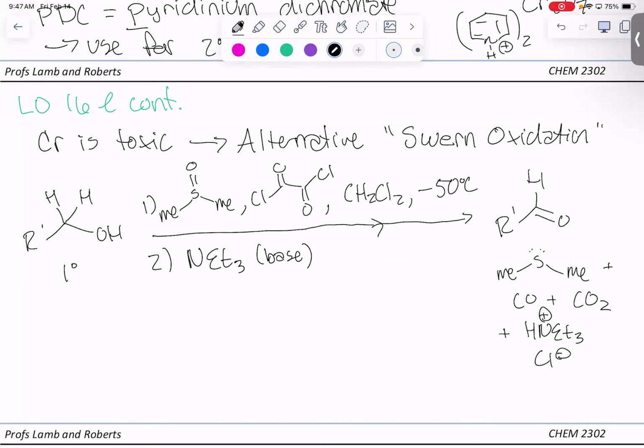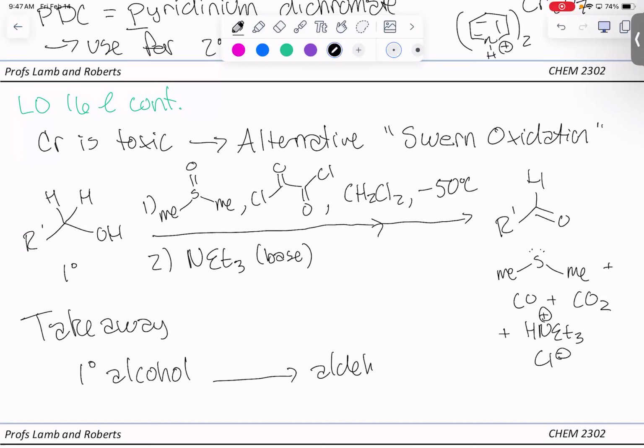These are our byproducts, all right? The takeaway is, though, if you were to list Swern conditions over your arrow, I would be okay with this. So the takeaway is primary alcohol to an aldehyde using the Swern conditions.